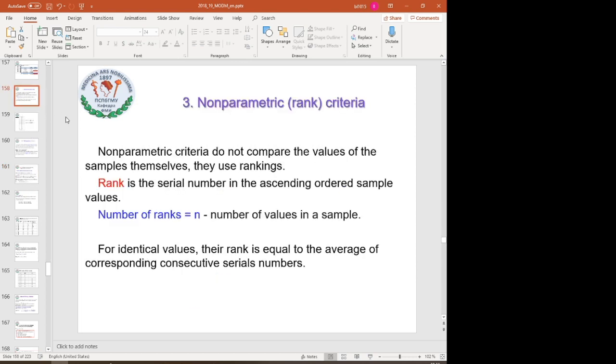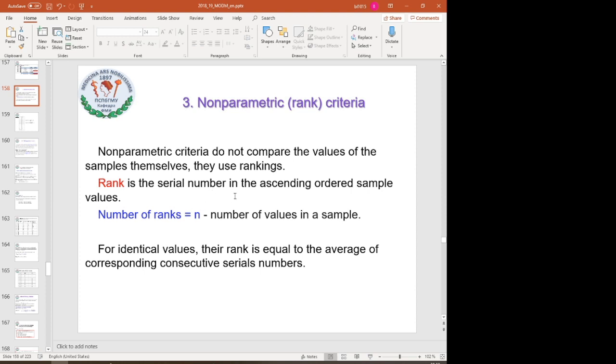So let's consider what ranks are. How to move from measured numbers to ranks. A rank is a usual serial number when all numbers are ordered in ascending, for example, order.